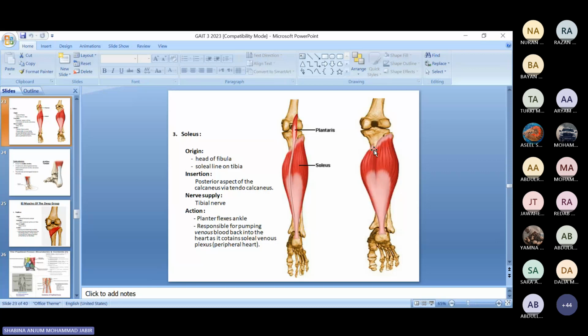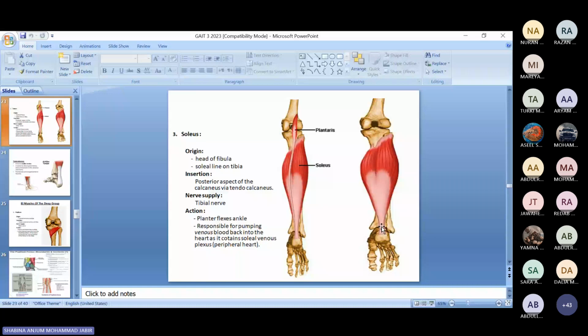Its insertion is over the posterior aspect of the calcaneum, along with gastrocnemius and plantaris. So these three muscles form a thick tendon called the tendocalcaneus. The action is plantar flexion at the ankle joint.